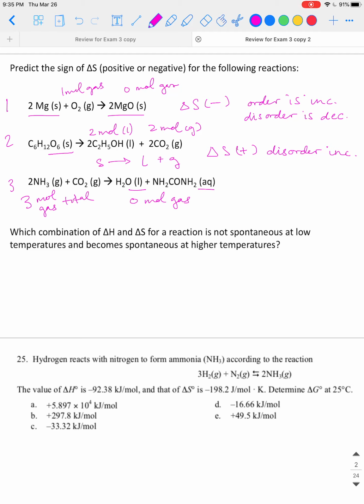It's only in a gas state of matter that the molecules have the highest amount of disorder. Liquids and solids are more ordered. So here, delta S, which is a measure of disorder, is decreasing. Okay, so order is increasing, disorder is decreasing. All right.